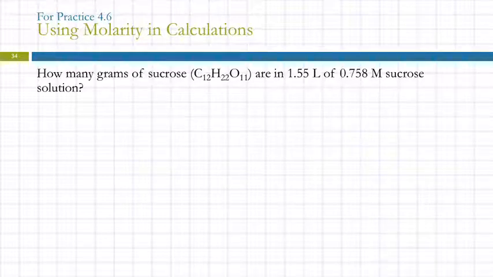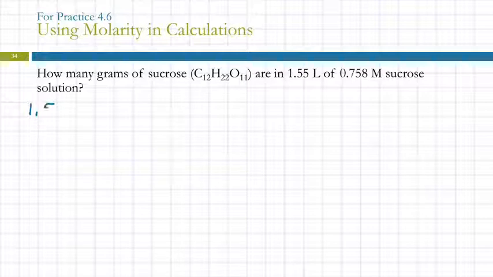Okay, so let's use it that way. How many grams of sucrose are in 1.55 liters of 0.758 molar sucrose solution? They're not asking us to calculate molarity. If you're asked to calculate molarity, you have to use an equation. Here, we're just given a volume and a molarity, and we're asked for a number of grams. So let's just write down the numbers that they gave us.